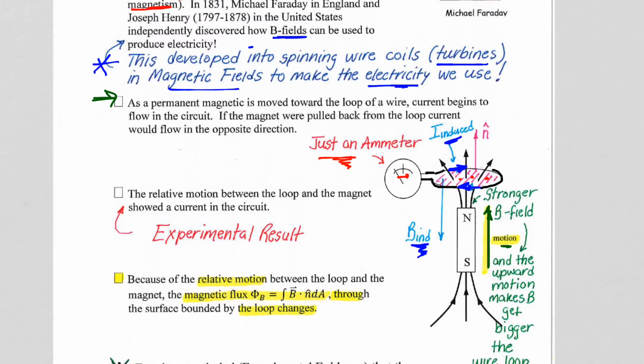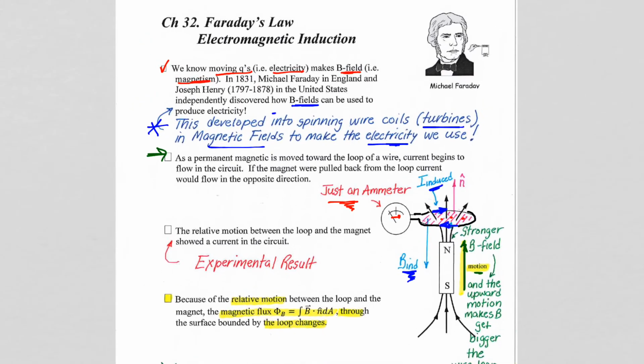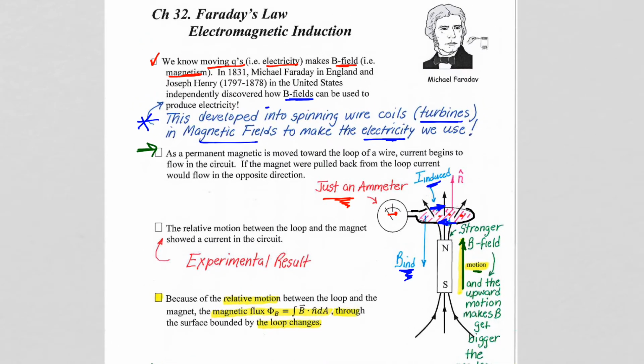Then the only other thing from our introductory notion here, which again, we're really not into a full understanding of induction and what is going on, is just introducing this example of what happens as the B field changes through that area.